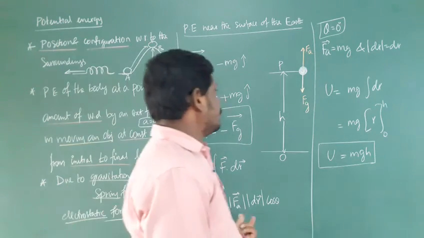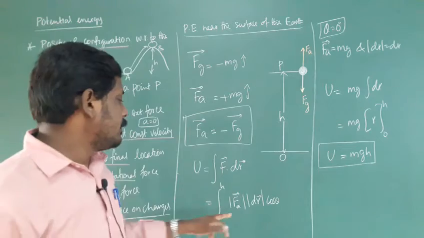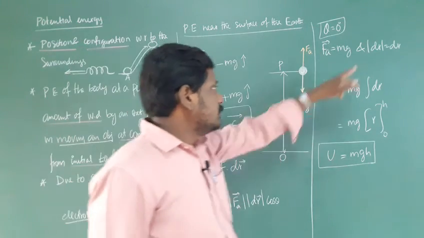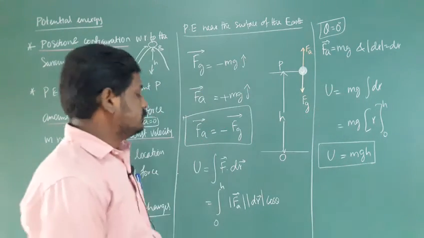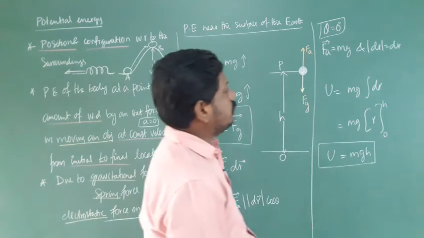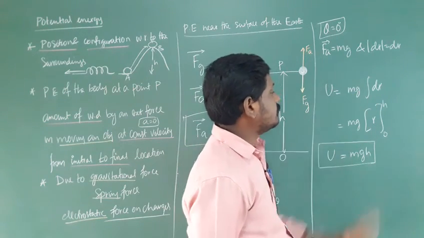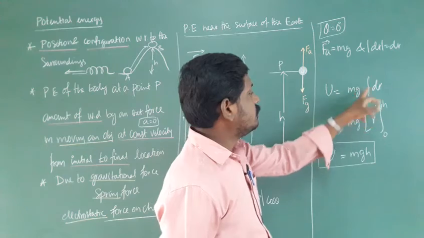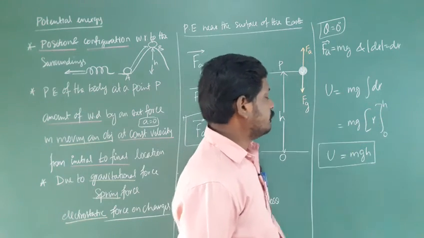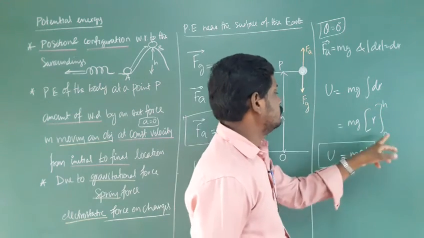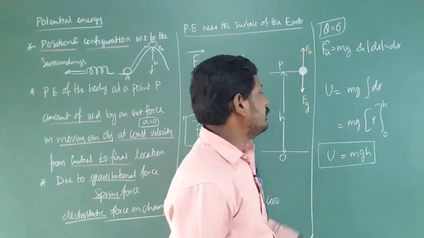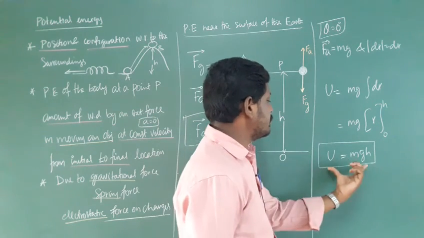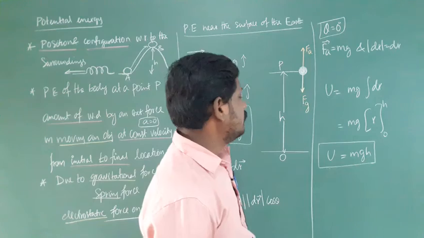The magnitude of Fa is mg, and the magnitude of displacement is dr. So U is equal to mg times the integral of dr from 0 to h. The integral of dr is r, so upper limit minus lower limit gives mgh. So the gravitational potential energy U is equal to mgh.